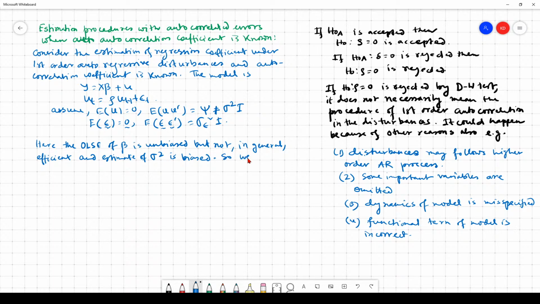So we use the generalized least squares estimation procedure, and the generalized least squares estimate of beta, denoted by beta hat GLS, is equal to (X' xi inverse X) inverse X' xi inverse y. We know this thing.